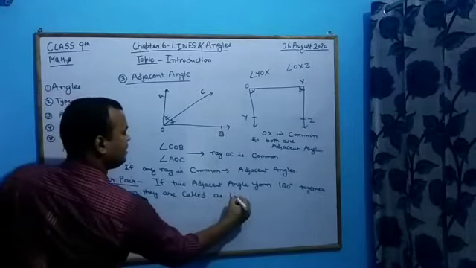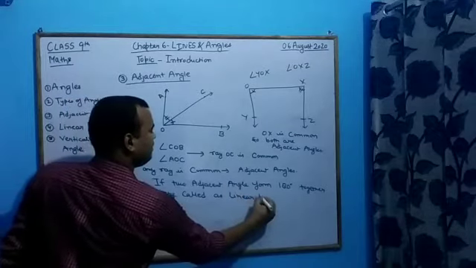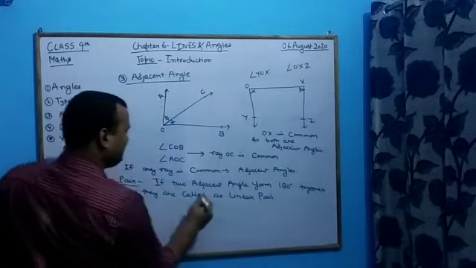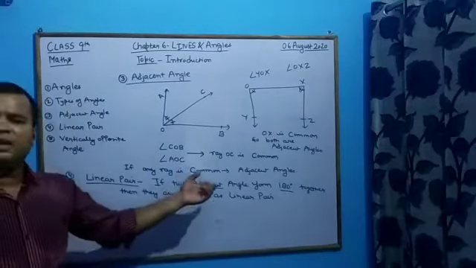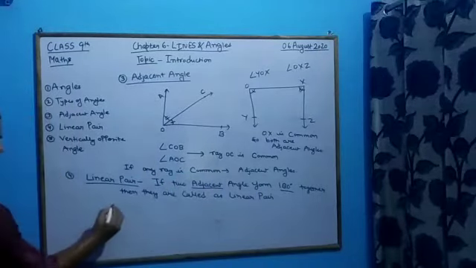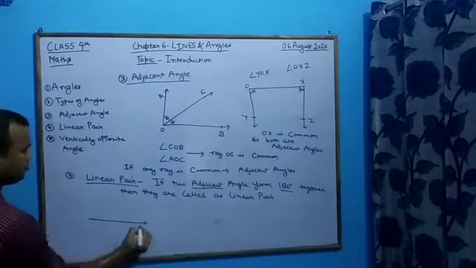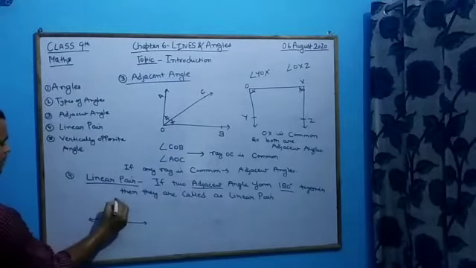So this is the condition for a linear pair. The first condition is that they should be adjacent, and second, they should make a 180-degree angle together.